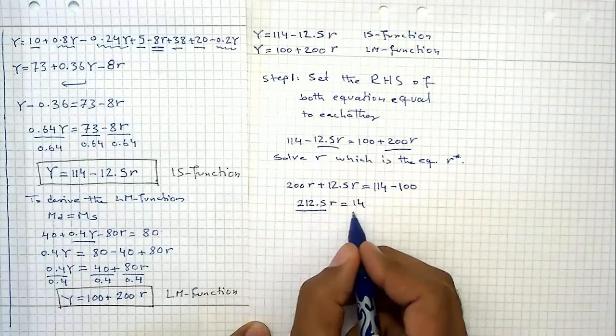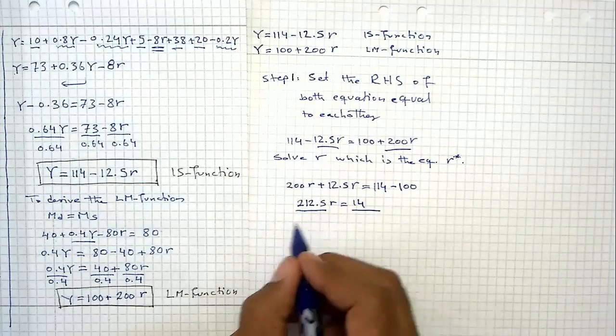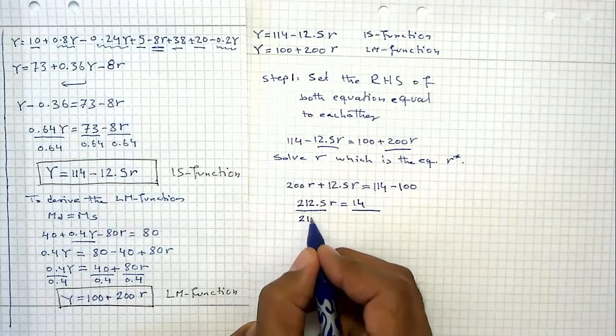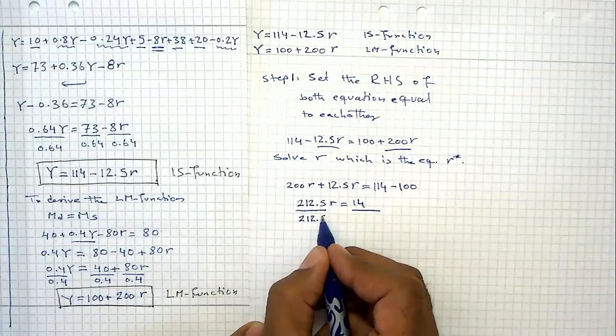To solve for r, I need to divide both sides by 212.5.